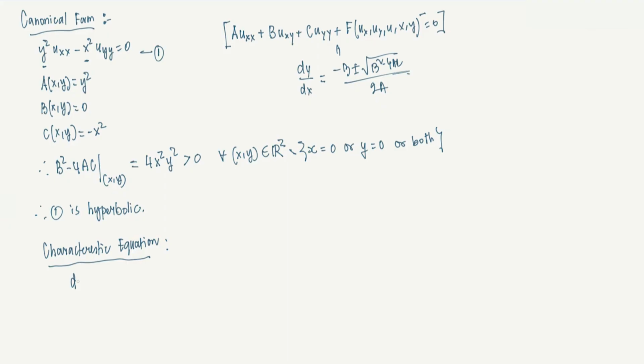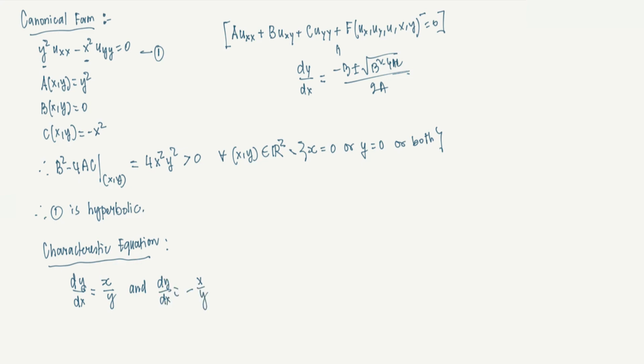The characteristic equations which we are going to get are dy/dx equals to x by y, and the other one, dy/dx equals to minus x by y. I hope this is clear.